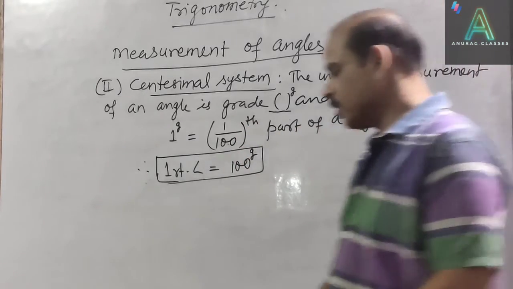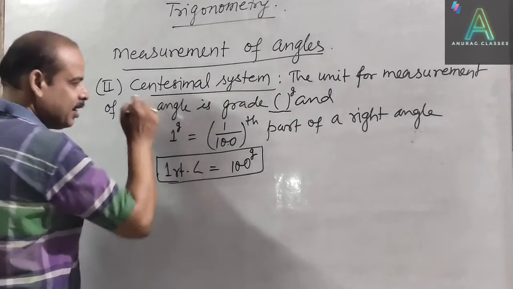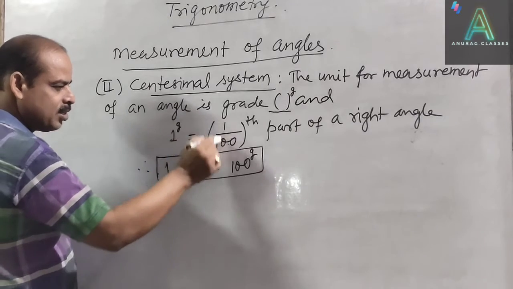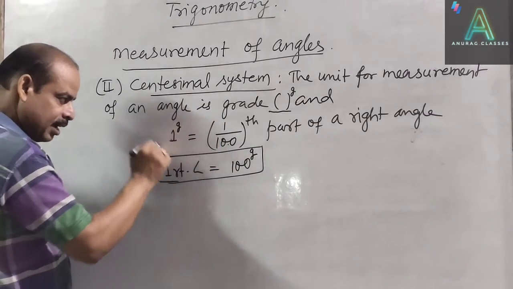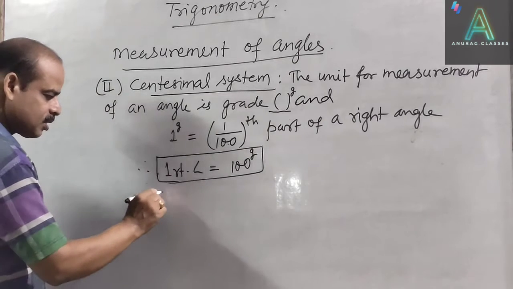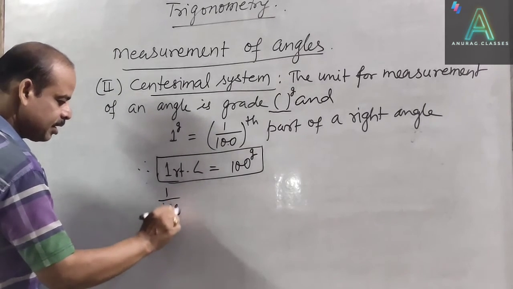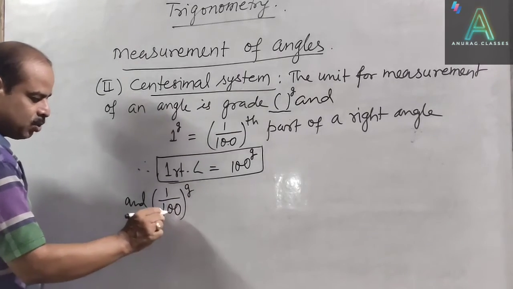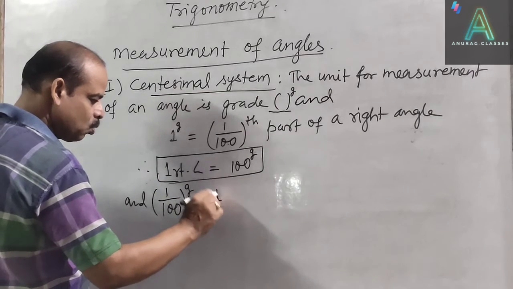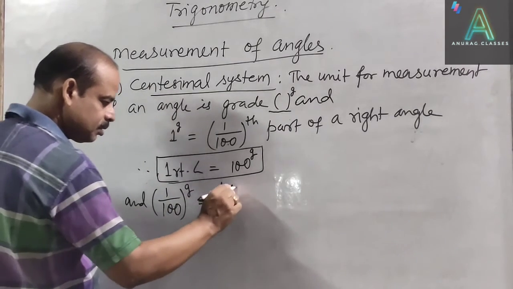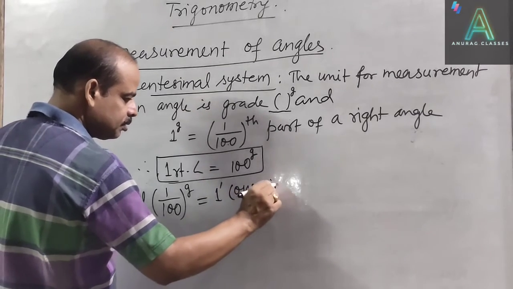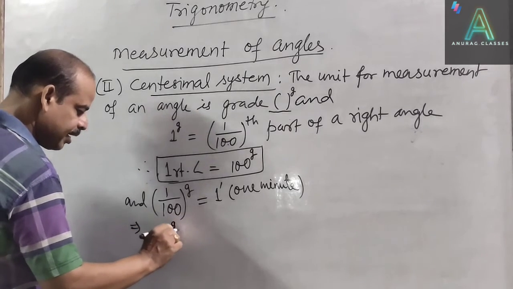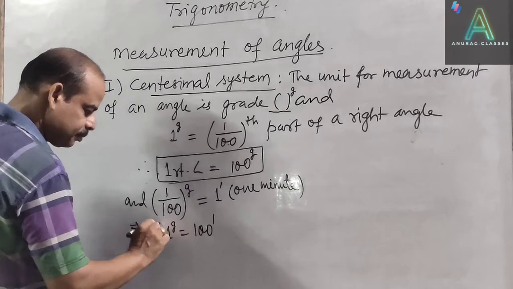Again, in centesimal system all values are divided into 100 parts, so 1 grade is equal to 1 by 100 of a right angle. Again this angle of 1 grade is further divided into 100 parts, 1 by 100 of a grade. So 1 grade is divided into 100 parts and each part is called 1 minute. 1 minute means 1 grade is equal to 100 minutes.